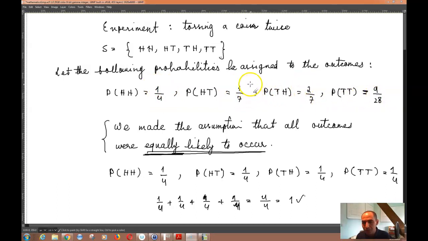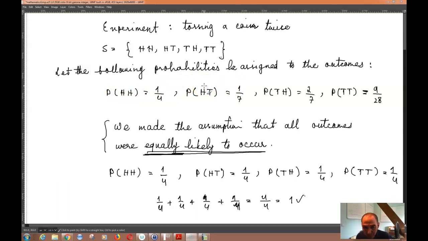The only thing that's important is that the sum of all of those probabilities is equal to 1, and none of those outcomes is less than 0 or greater than 1. That's basically the only thing that we need to do.